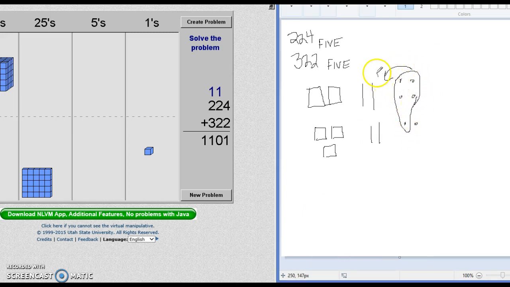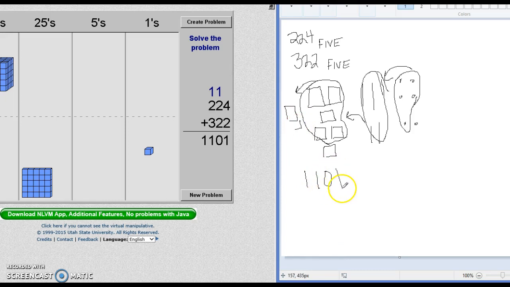So those come over, and I make a long. All right, I pretend like I got all of them. I make a flat. I take 5 flats. And I make a block. So I have 1, 1, 0, 1 as my answer.